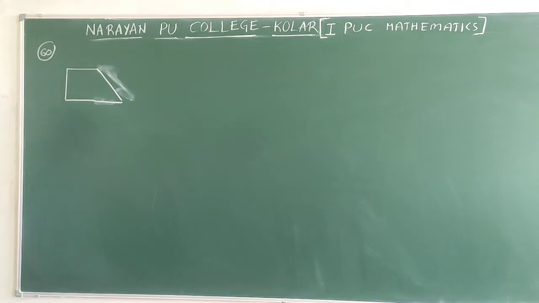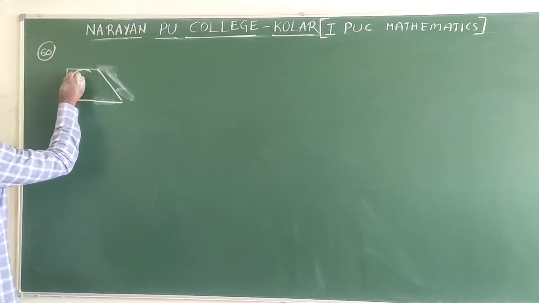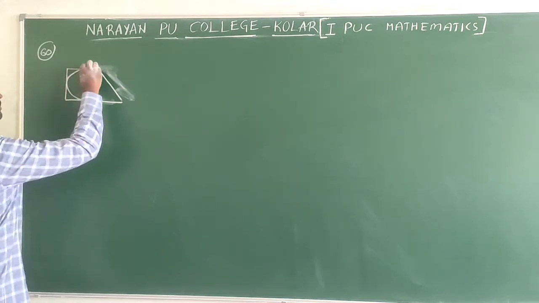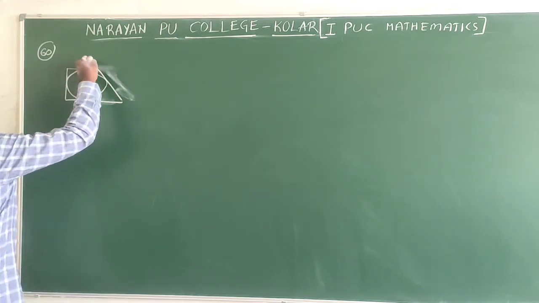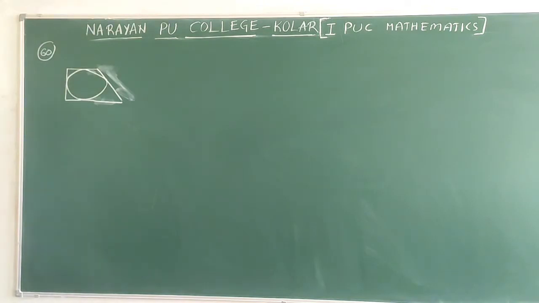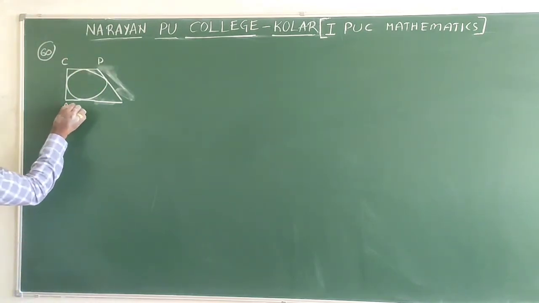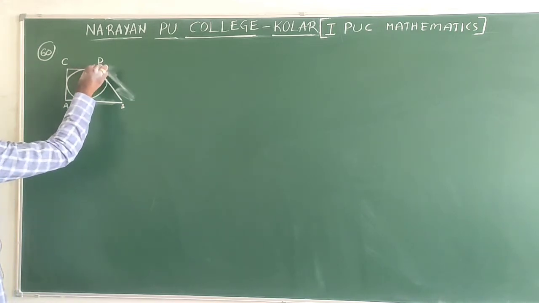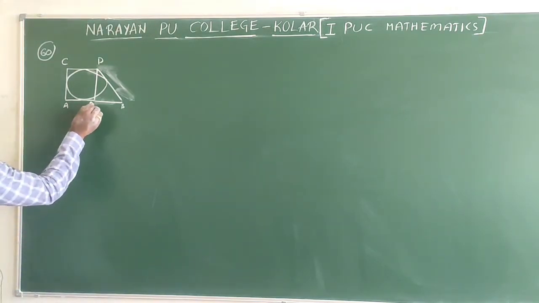A circle touches all the sides. So here they are given AB equals 2 times CD. Now this is CD and this is AB. You can take this as E.